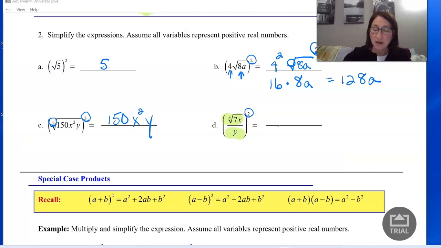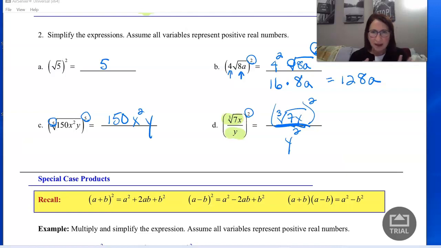So this becomes, let's say our fraction bar is right here, the cube root of 7x, that whole thing, squared, and then y squared, which is not really super helpful to us.